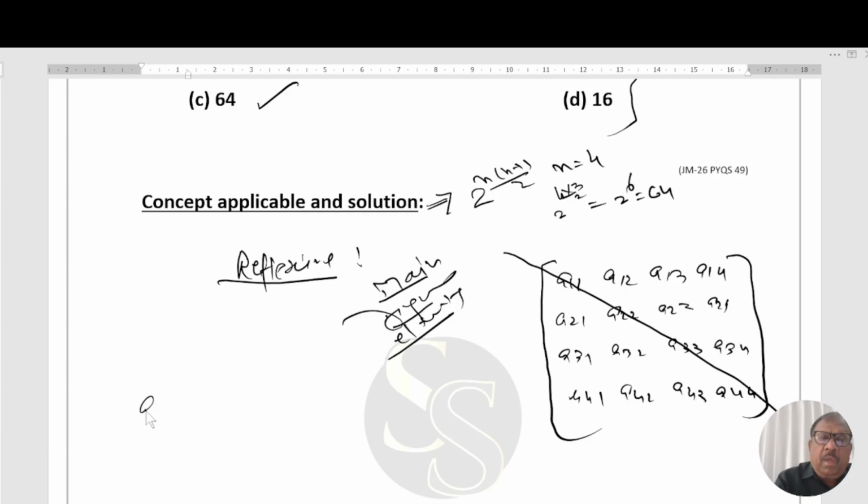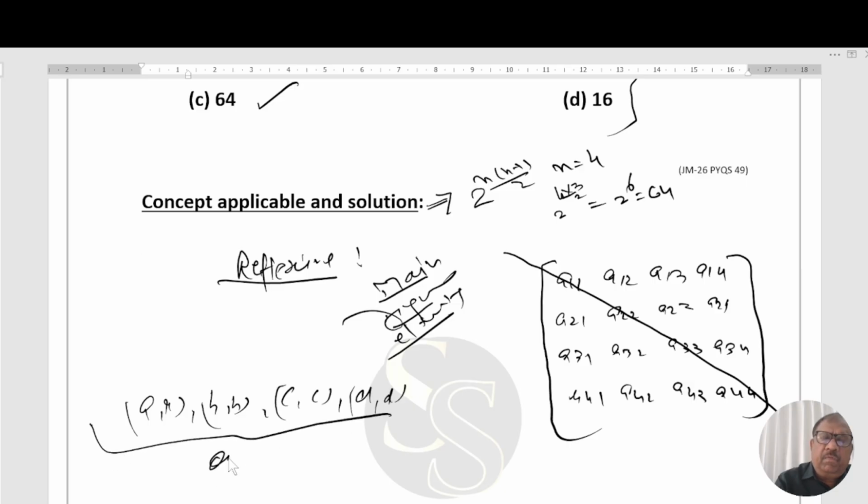Main diagonal means (a, a), (b, b), (c, c), (d, d). It is one way. Of the remaining, there are a21, a12 and so on: 1, 2, 3, 4, 5 and 6.